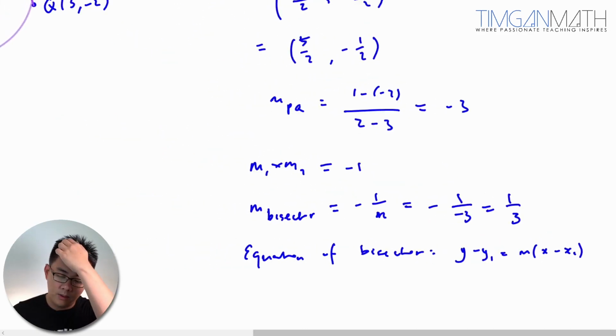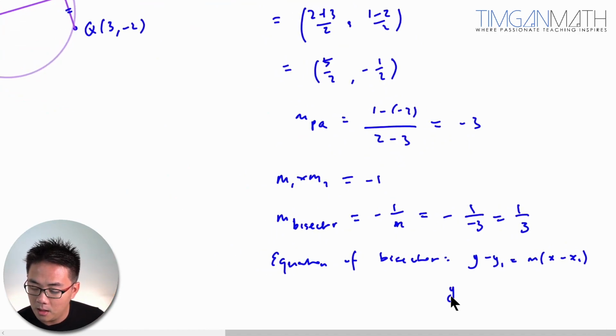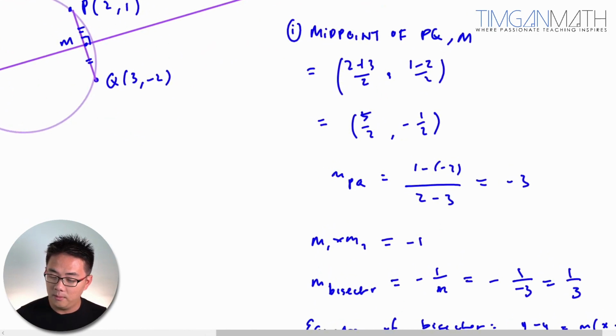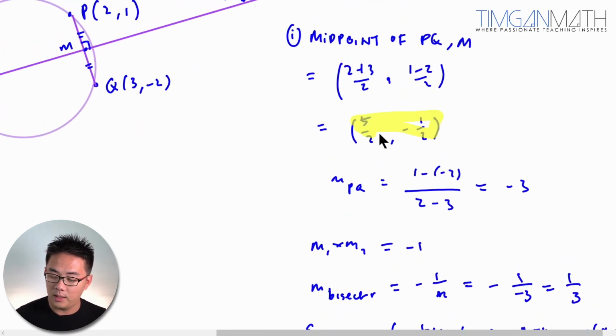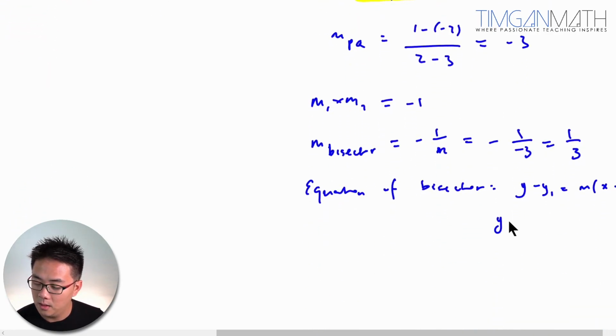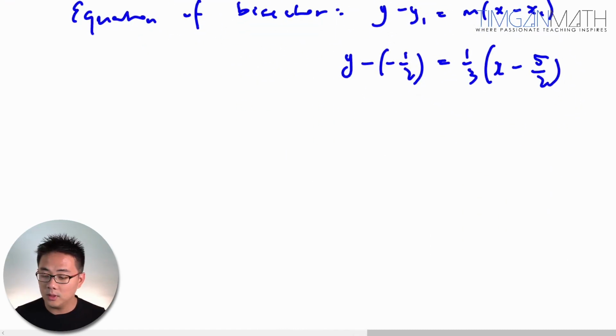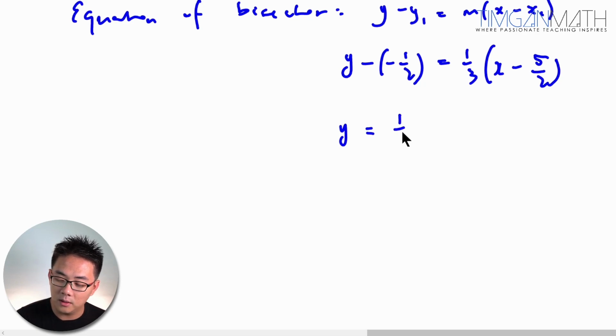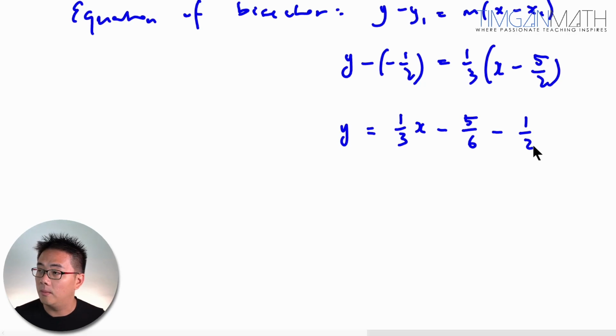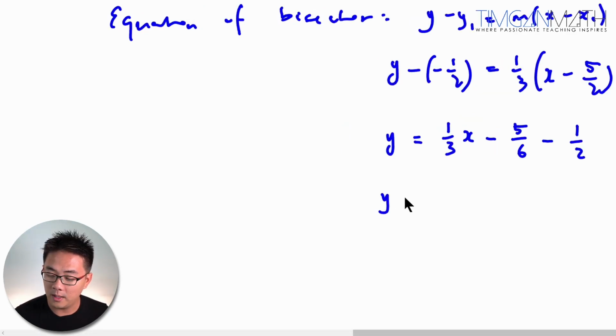The line passes through the midpoint, so y minus (-1/2) equals 1/3 (x minus 5/2). Key it into the calculator and you get y + 1/2 = 1/3 x minus 5/6, which gives y = 1/3 x minus 4/3.